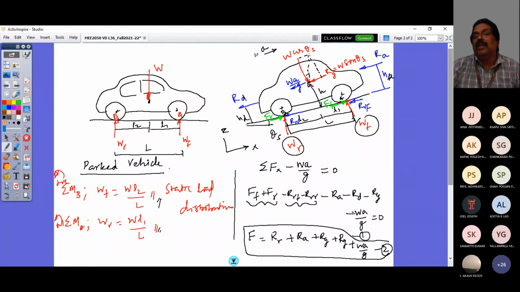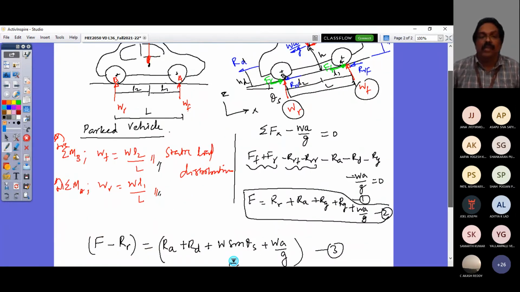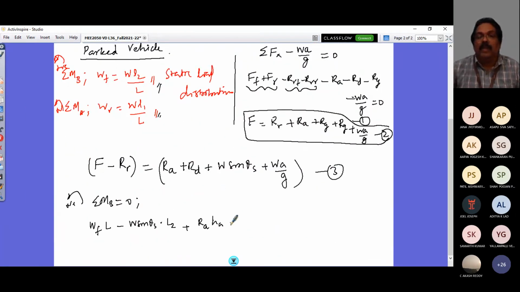And I'll have all the other moments by these forces. So plus RD into HD, plus, this component only was clockwise.